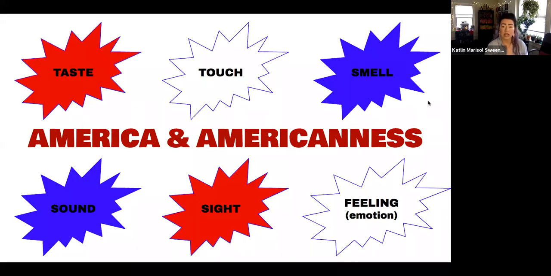Okay, but just to get us started, when we think about America and Americanness, and if we were to try to break apart the facets of it, or how one might go about assigning definitions to America and Americanness, oftentimes useful categories can be taste, touch, smell, sound, sight, and feeling or emotion.